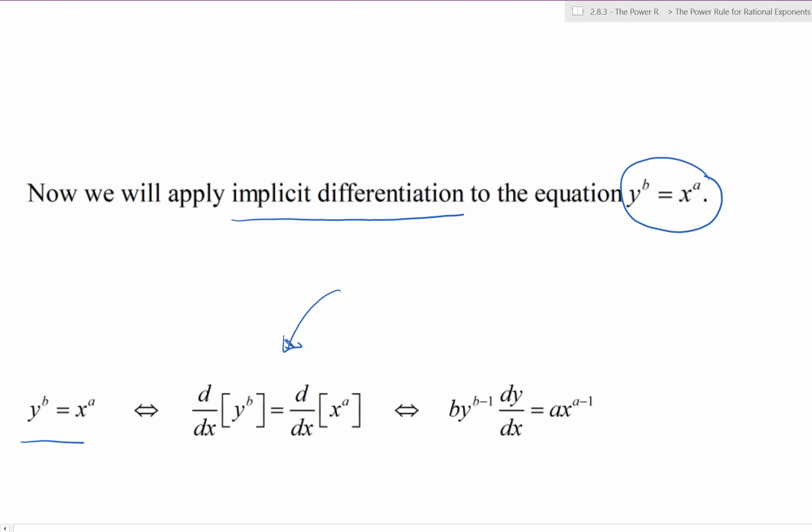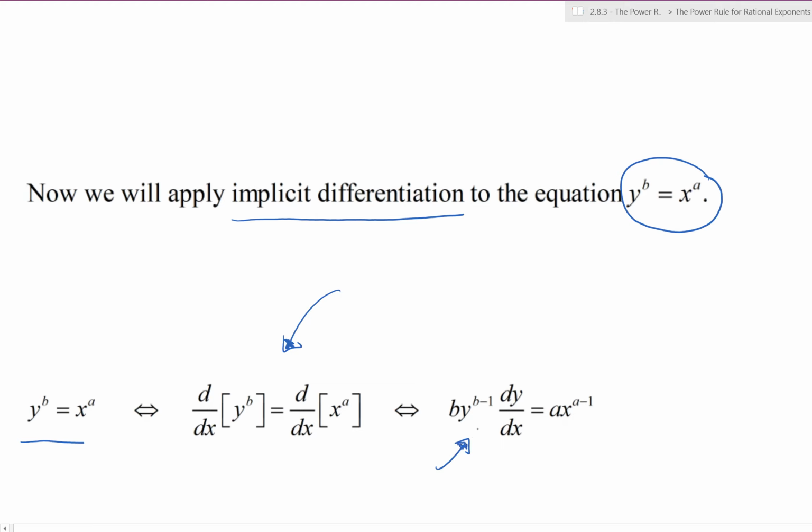Differentiate both sides of this equation with respect to x, since y is the output variable here and x the input variable. On the left-hand side, y is the dependent variable, so I have to apply the chain rule.